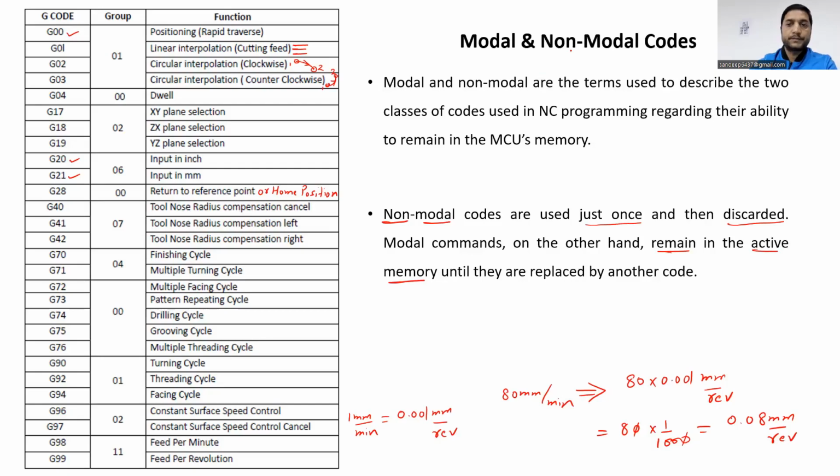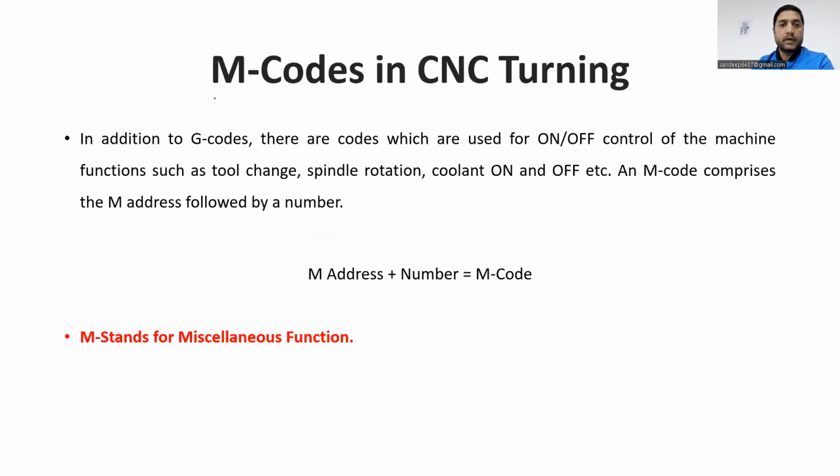Now let us move ahead and understand what M codes are in a CNC turning machine. In addition to G codes, there are codes which are used for on or off control of machine functions, such as tool change, spindle rotation, coolant on and coolant off, etc. An M code comprises the M address followed by a number. For example, M03 is the code for spindle rotation in clockwise direction.